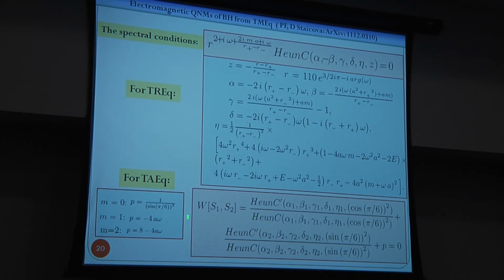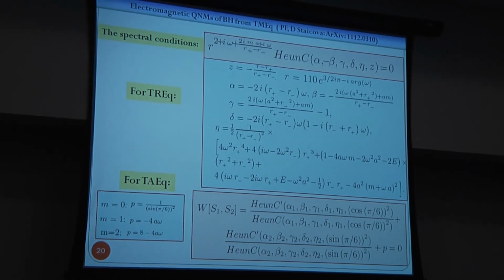In these spectral conditions, this is simply the Wronskian of two independent solutions. One is regular at the North Pole, another one is regular at the South Pole, and this condition ensures regularity of the solution on both poles and gives us the spectral condition.